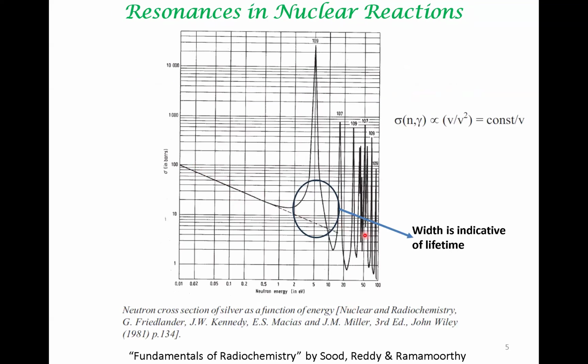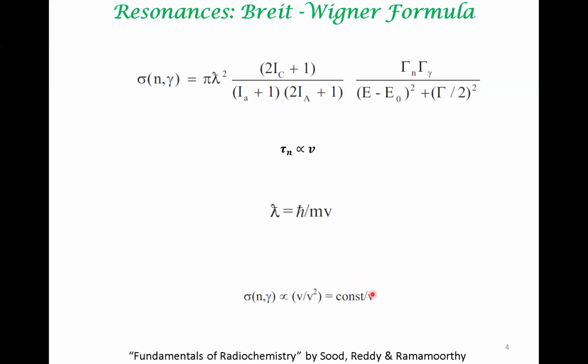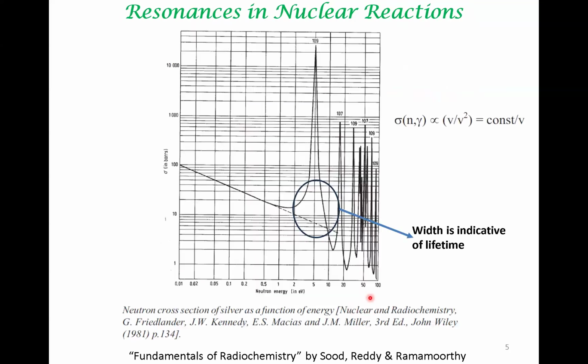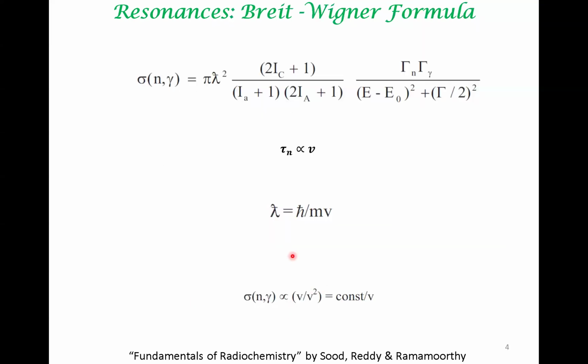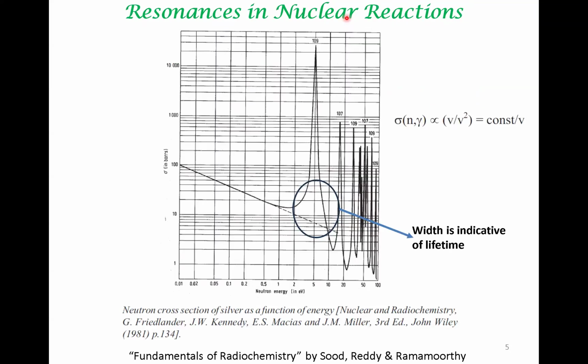This decrease in cross section with increase in velocity or the increase in neutron energy can also be explained via the Breit-Wigner formula. So there is a model to explain that feature.